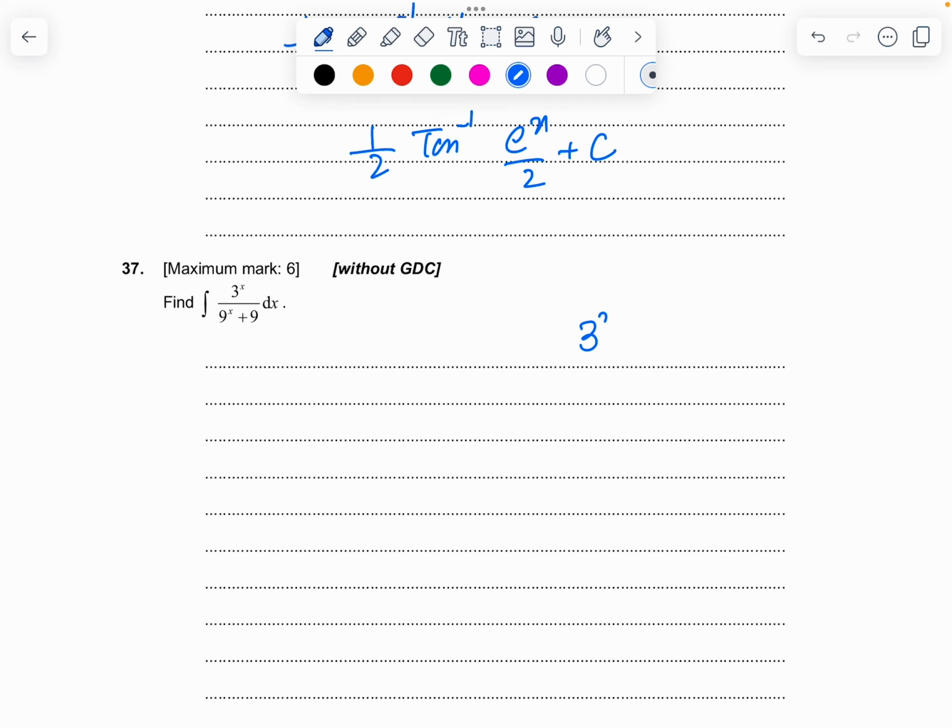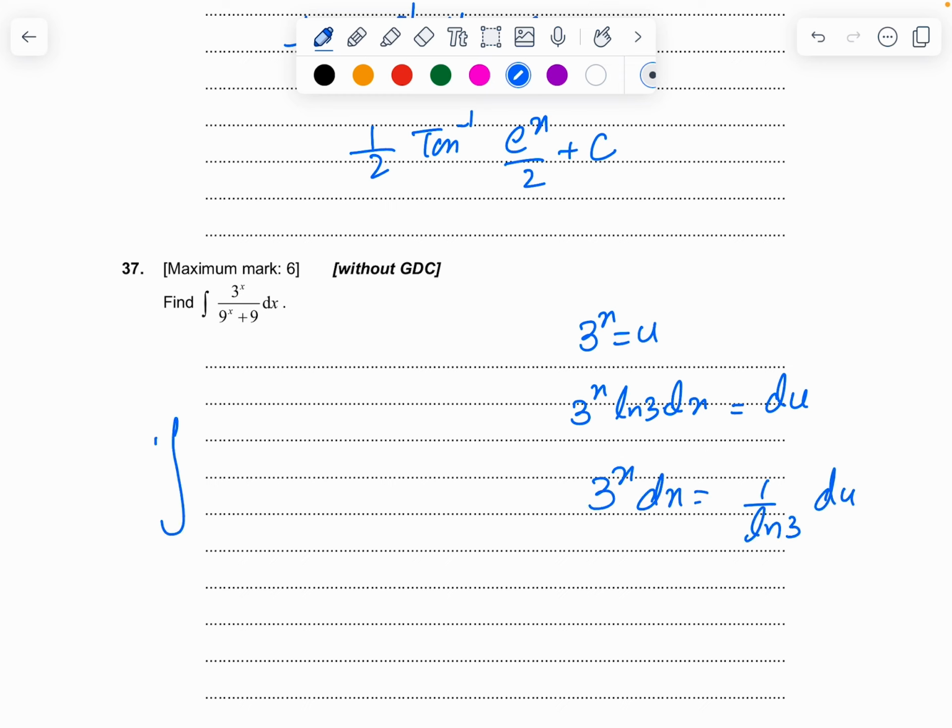Now 3 power x equals u. So 3 power x ln 3 dx equals du. So 3 power x dx equals 1 upon ln 3 du.